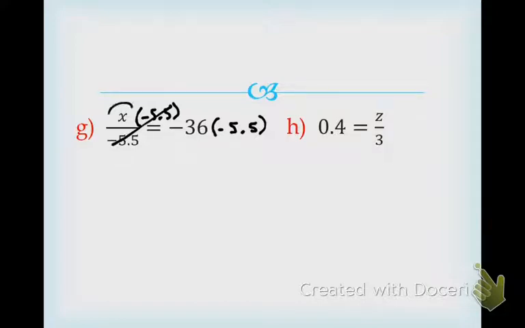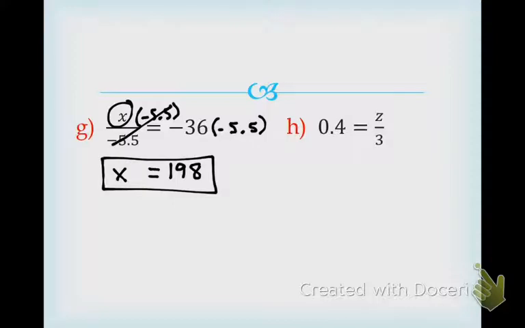So I am left with only having an x on the left side. What is negative 36 times negative 5.5? 198. When you have a negative multiplied by a negative, it will always equal a positive.